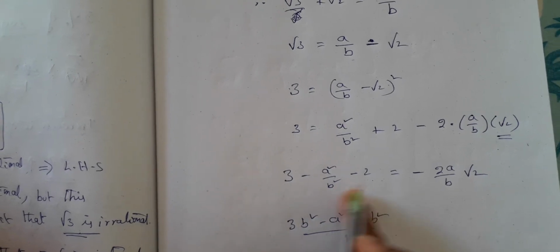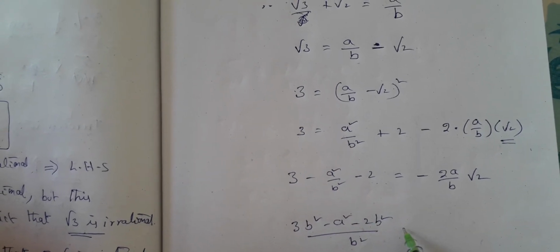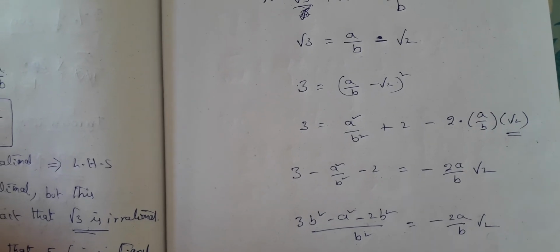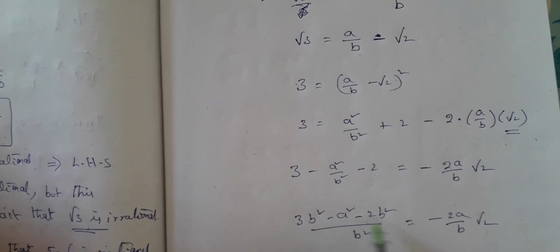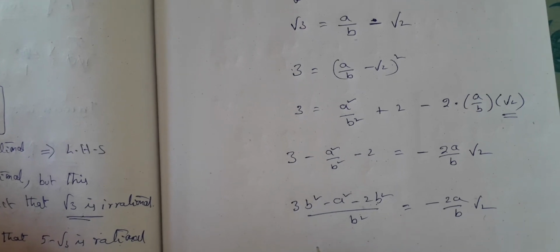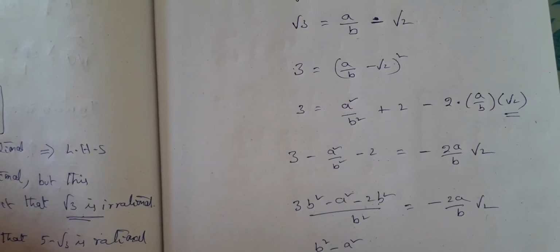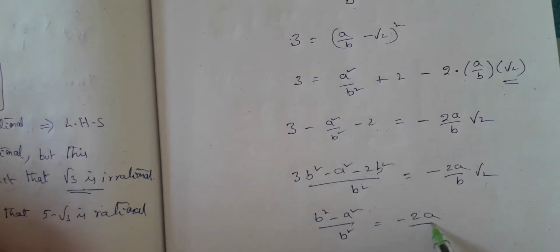Of course you can also do 3 minus 2 as 1. So that is equal to minus 2a by b into root 2. Okay, so now 3b square minus 2b square is b square minus a square by b square, which is equal to minus 2a by b root 2.